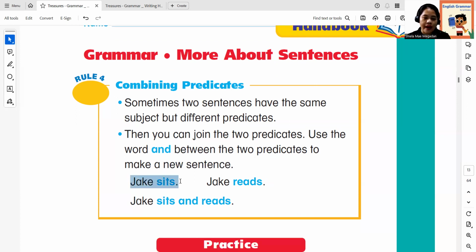Once more, we have Jake sits, Jake reads, the same subject but different predicates. Example here: Jake sits and reads. So Jake is only one subject, the same subject. We have different predicates and we can combine them by using the word and.